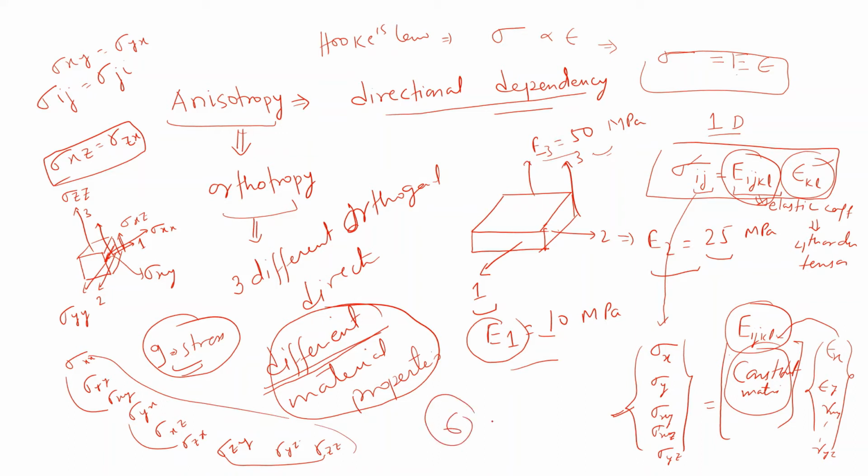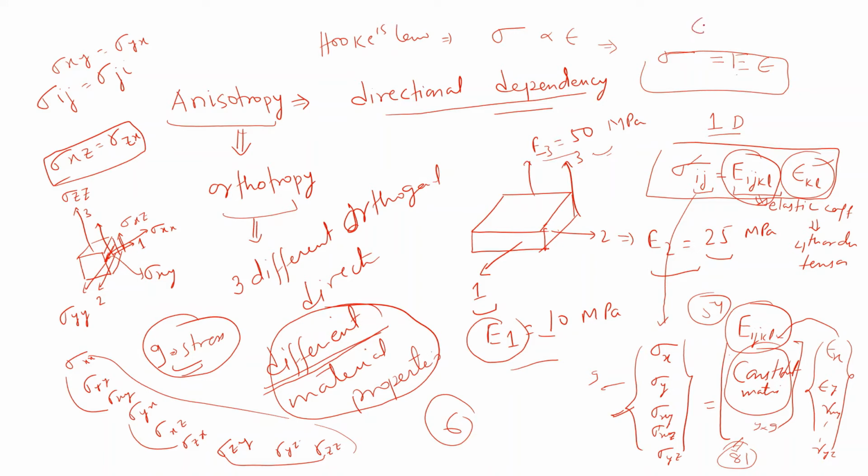Now, if initially it was 9, then this matrix would have 81 elements, meaning 9 by 9. So now these 81 constants would be reduced further, and this will become 54. Then further we will apply it for the strain.